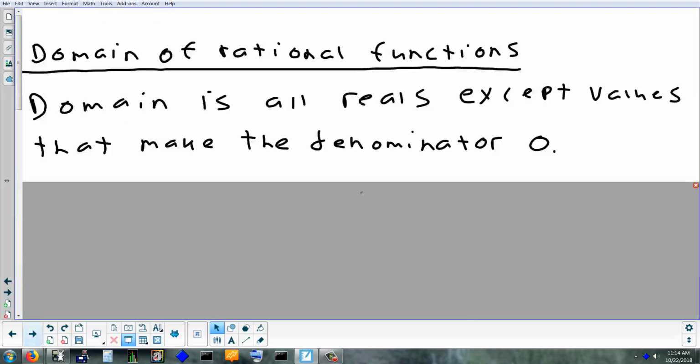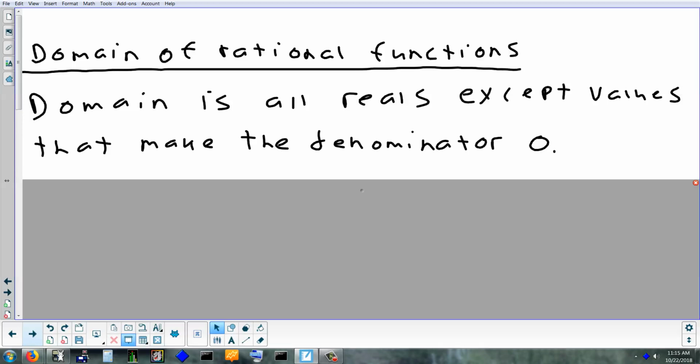So the domain is pretty straightforward. Range can be a little trickier, but the domain is every number that would not make the denominator 0. You don't have to worry too much about the numerator when you're focusing on the domain. You want to look at the denominator.